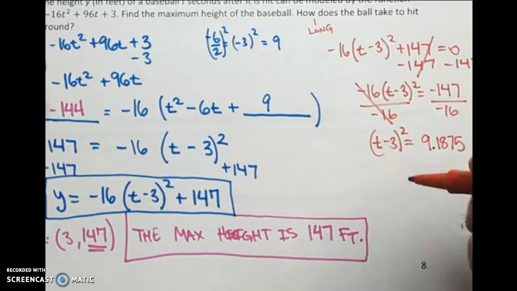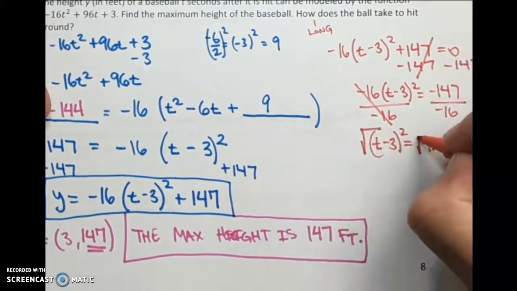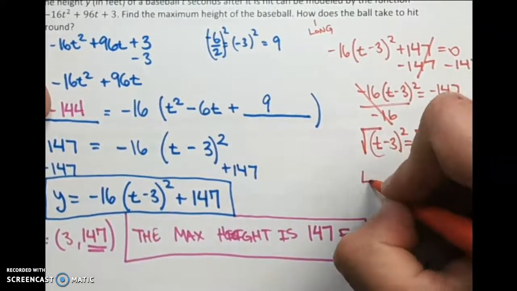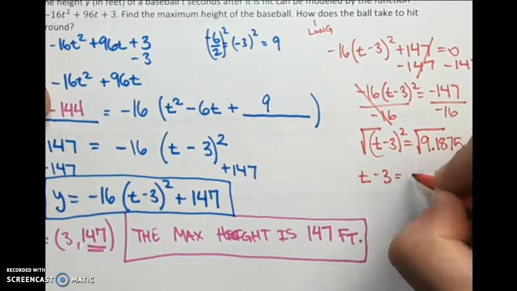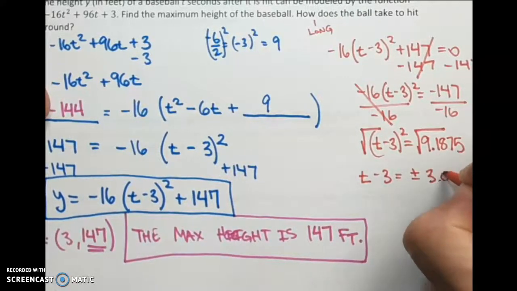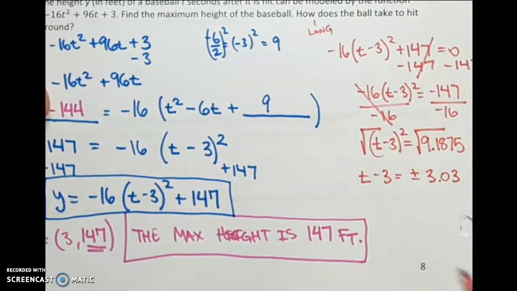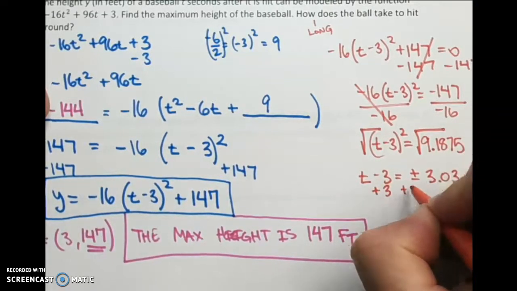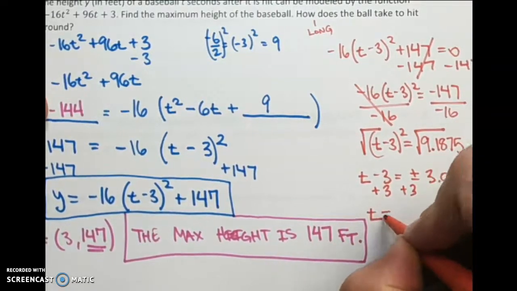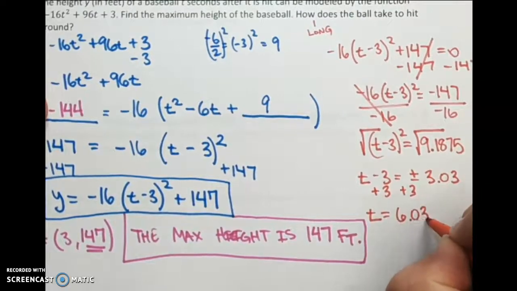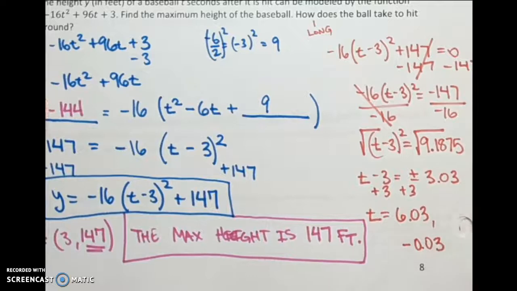Then I'm going to take the square root of both sides of the equation, giving me t minus 3 equals plus or minus 3.03. Add 3 to both sides, and I get t equals 6.03 and negative 0.03.